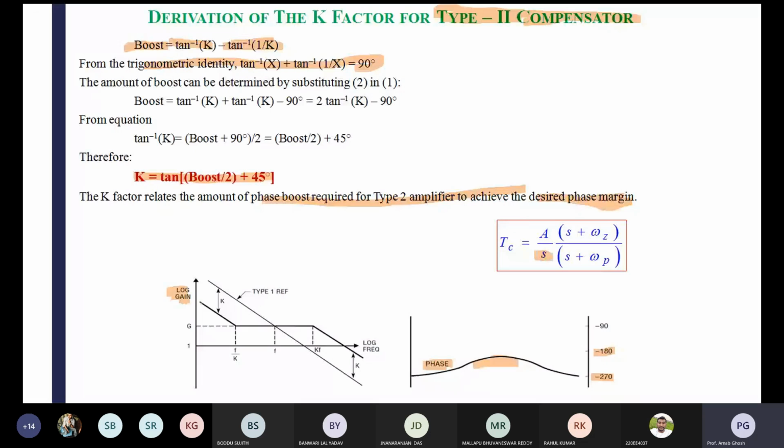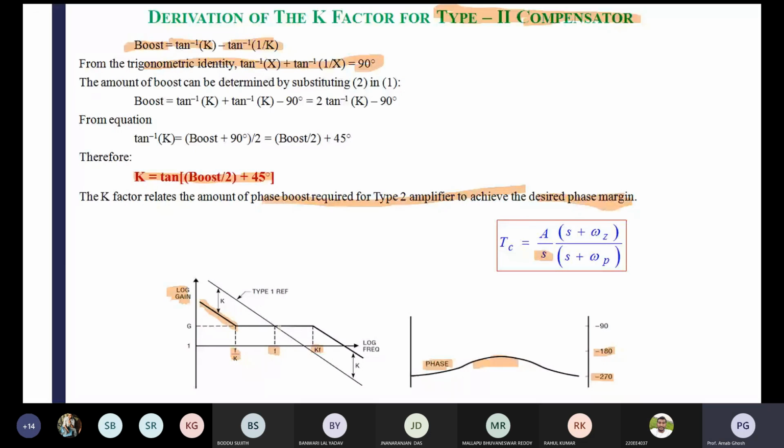Two frequencies are there: first is your zero frequency, f by k, and the pole frequency, k f. And f equals the geometric mean of your zero frequency and pole frequency, so f equals root of f by k into k f. The k's cancel each other, leaving root of f squared, which is f. We will get the maximum phase boost at this point.